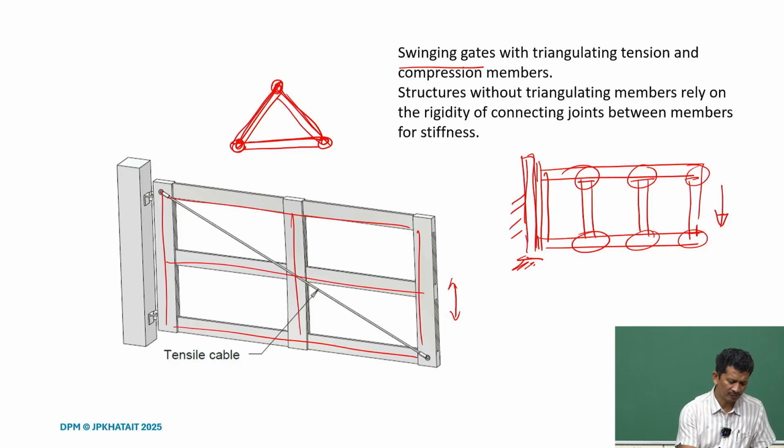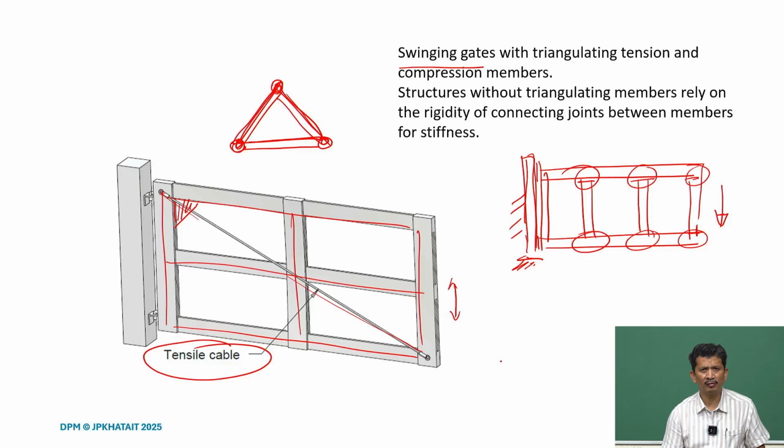Yes, many times we put this kind of things, angles, that is one of the ways. But what you realize is that if you just put a tensile member here, a tensile cable, this will work, because what happens in this case is it is trying to sag like this.